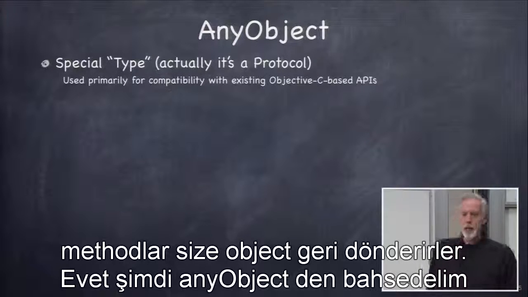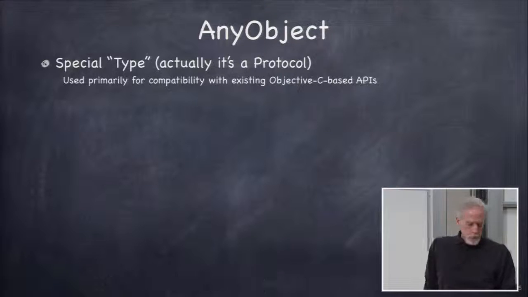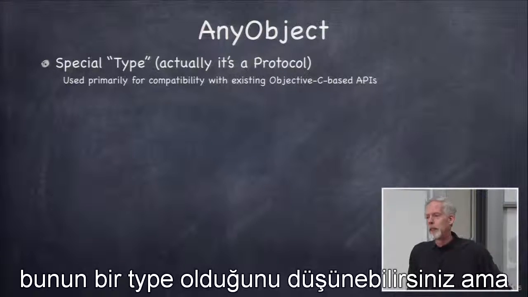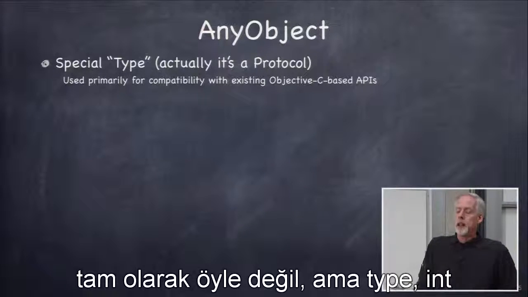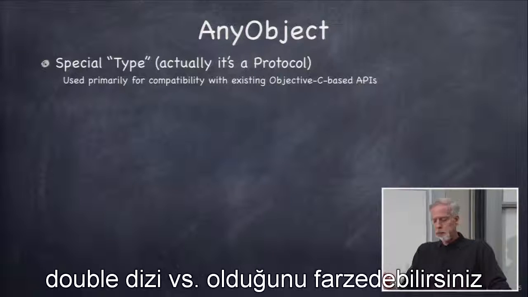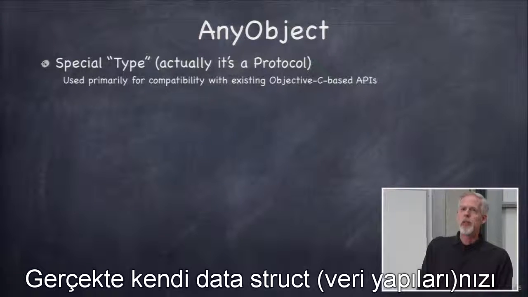Okay, so now let's talk about AnyObject. This was brought up earlier. For the purposes of what you know so far, you can think of it as a type. It's not really a type, but you can think of it as a type, like double or array or whatever. And it's used primarily for compatibility with existing Objective-C APIs in iOS.